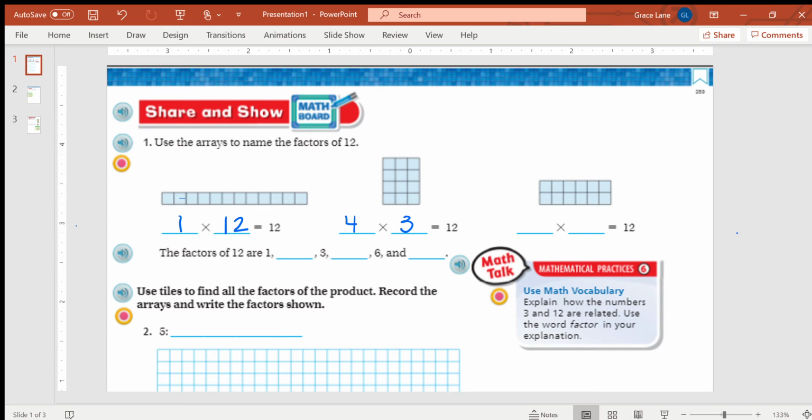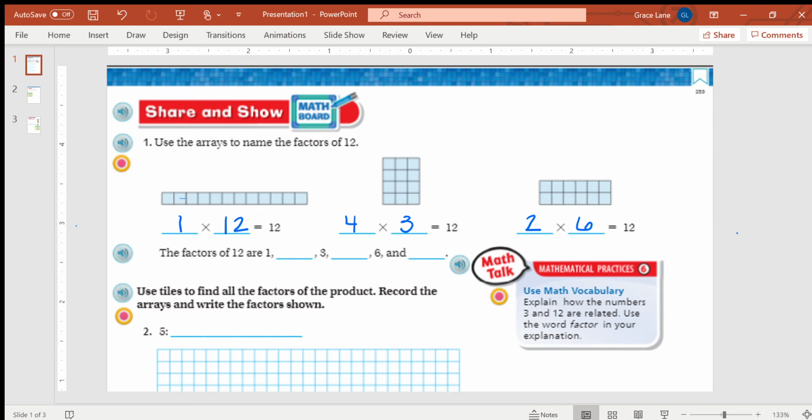And then the last one is showing 2 rows of 6. If you count, there are 6 going across. So that array shows 2 times 6 is 12. Looking at these arrays, it is telling you all the factors of 12.